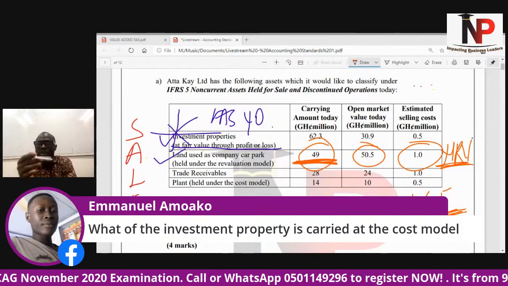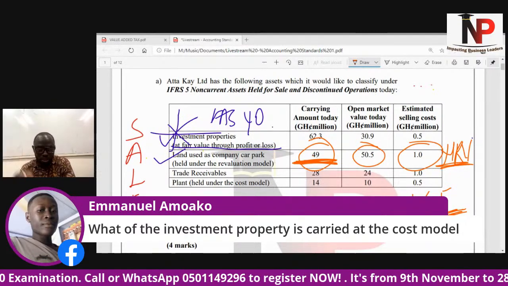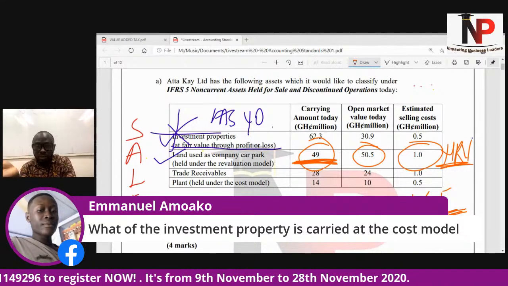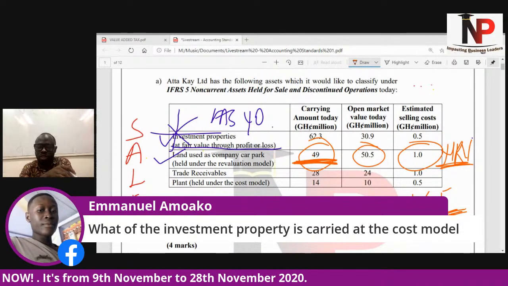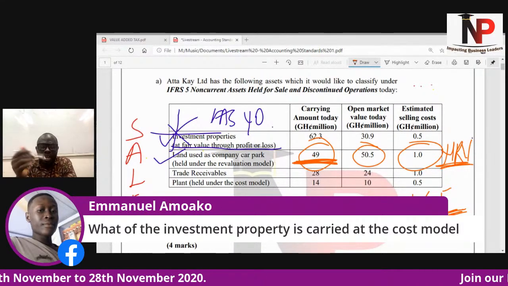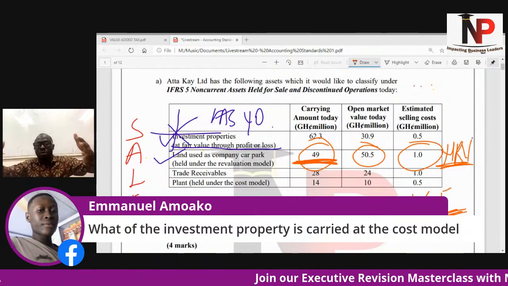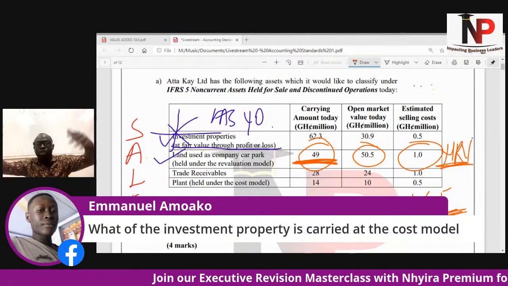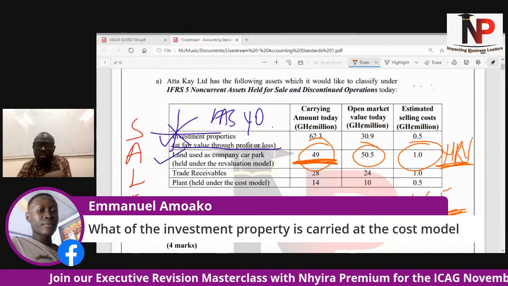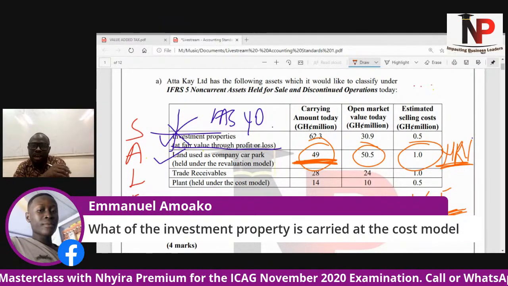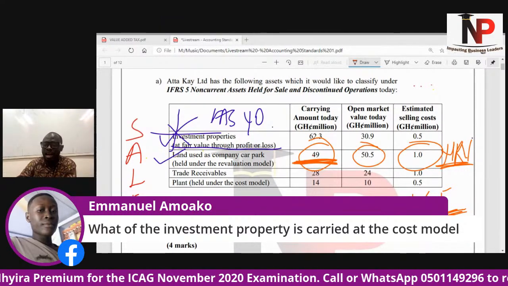If so, definitely they are carrying it as an investment property in accordance with IAS 40. If they were carrying it at the cost model also, it would still be an investment property, which should be carried in accordance with IAS 40. So it will still not be classified under this scenario as held for sale.